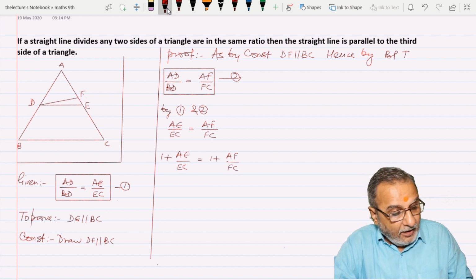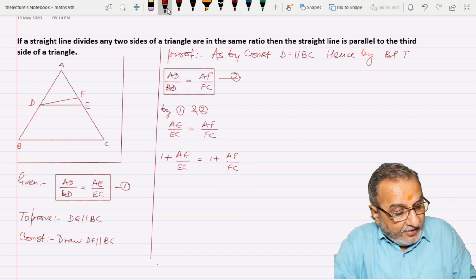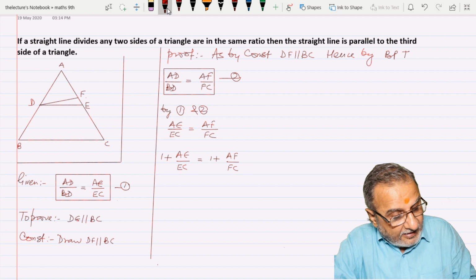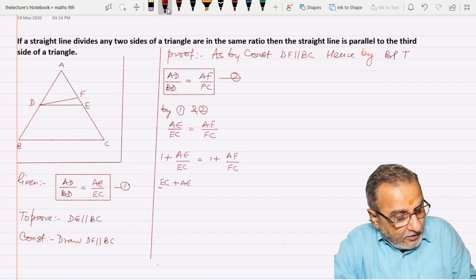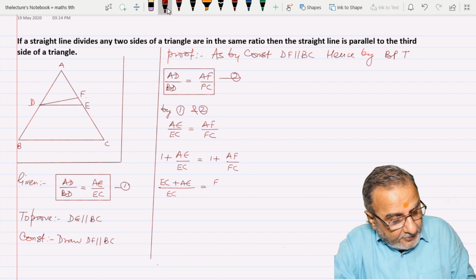Now take the LCM, EC on the left hand side and FC on the right hand side. So EC plus AE upon EC equals FC plus AF upon FC.